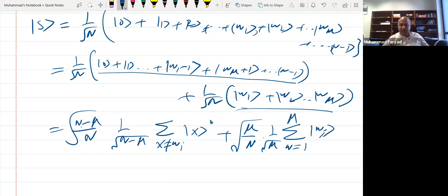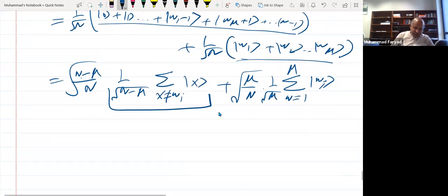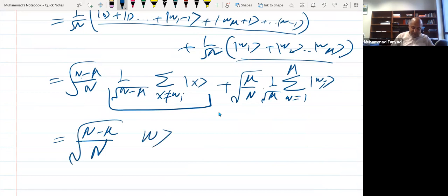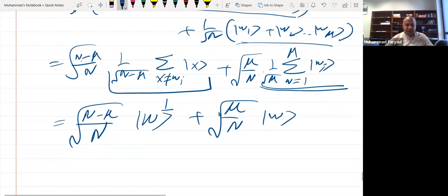wi. And now let me call this my w perpendicular, n minus mu over n. And let me call this my w state. This time, this w is a superposition state of all the solution states. And after this, it's straightforward.